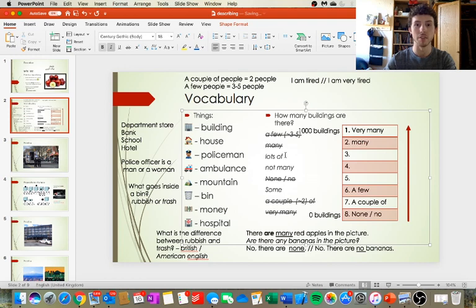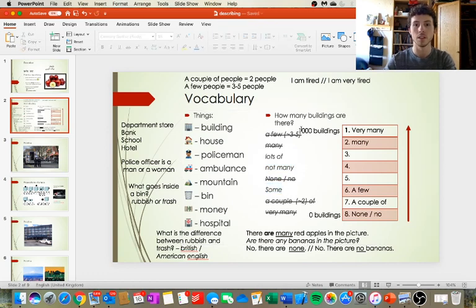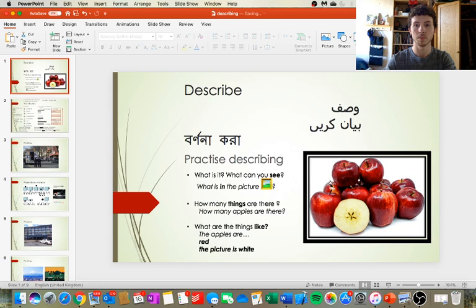So now we have lots of, not many, and some. So we say there are lots of red apples in the picture. There are lots of red apples in the picture.